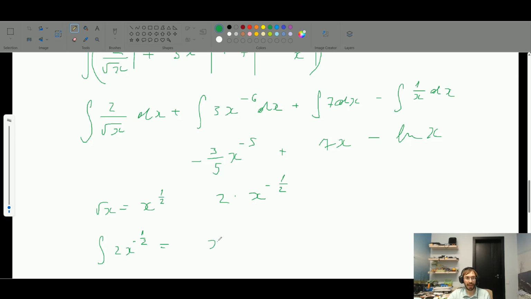It will be x to the power 1/2 and then 2 divided by 1/2, which is the same as 2 multiplied by 2, so it will be 4. Therefore the answer will be 4x^(1/2), or 4 root x, minus 3 over 5x^-5 plus 7x minus ln x plus c.